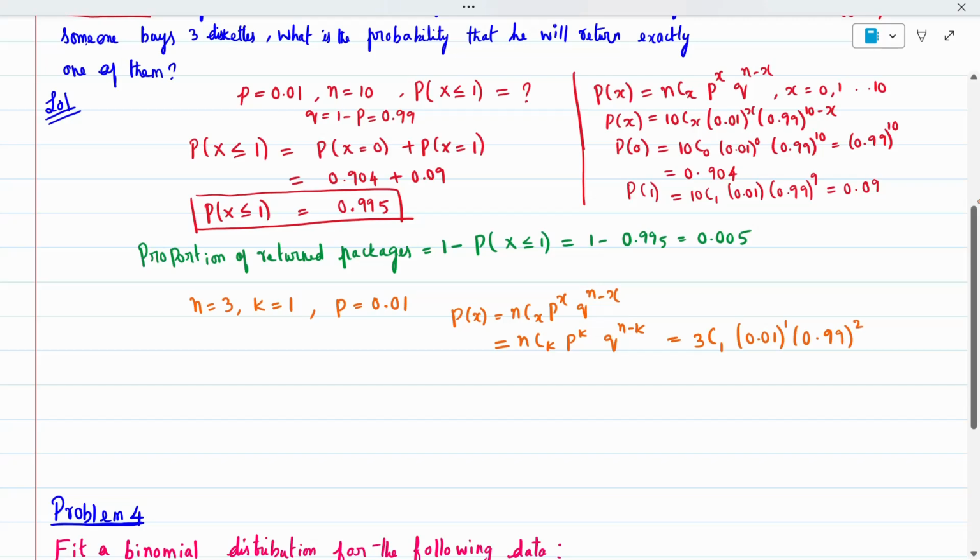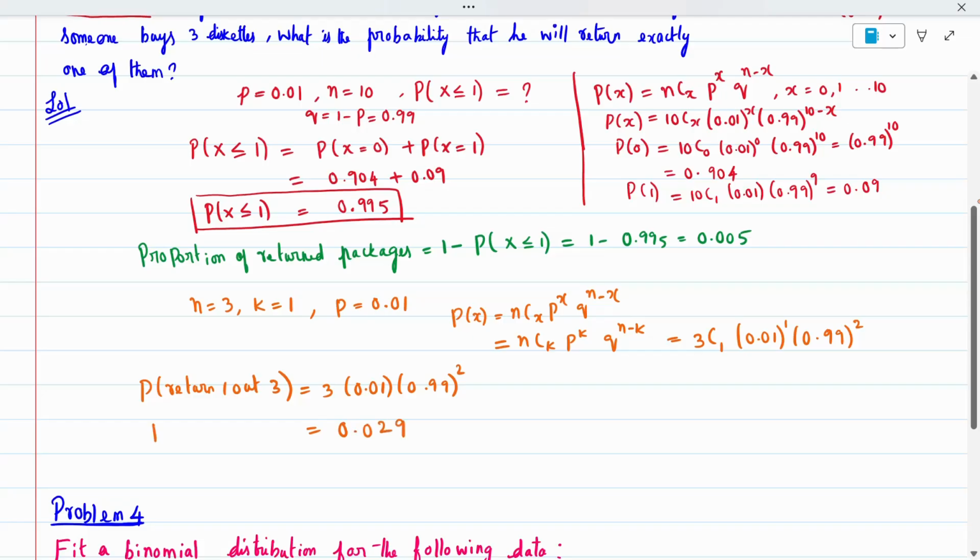So the probability of returning 1 out of 3 is 3 into 0.01 into 0.99 squared. When I do the calculation, I will be getting 0.029.